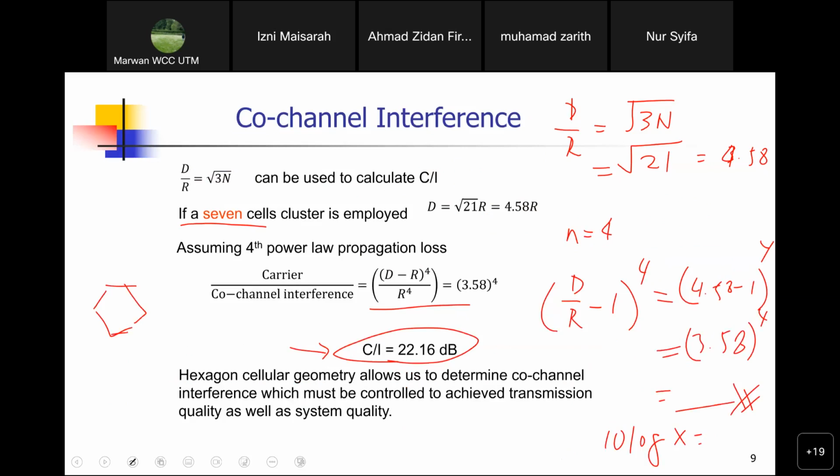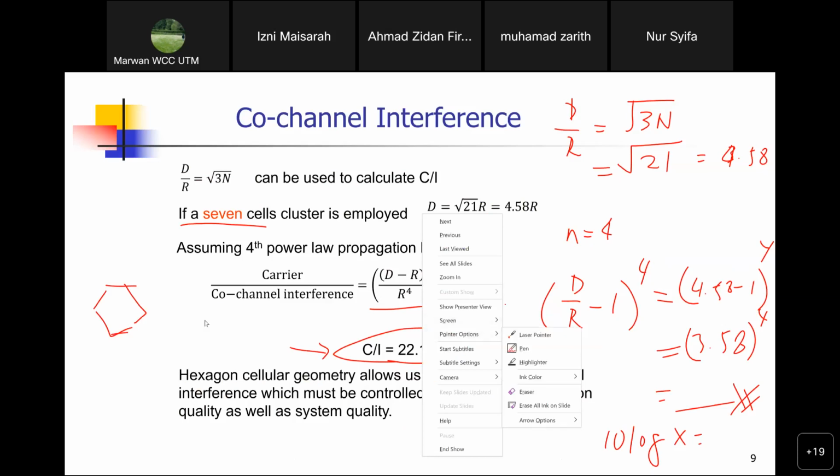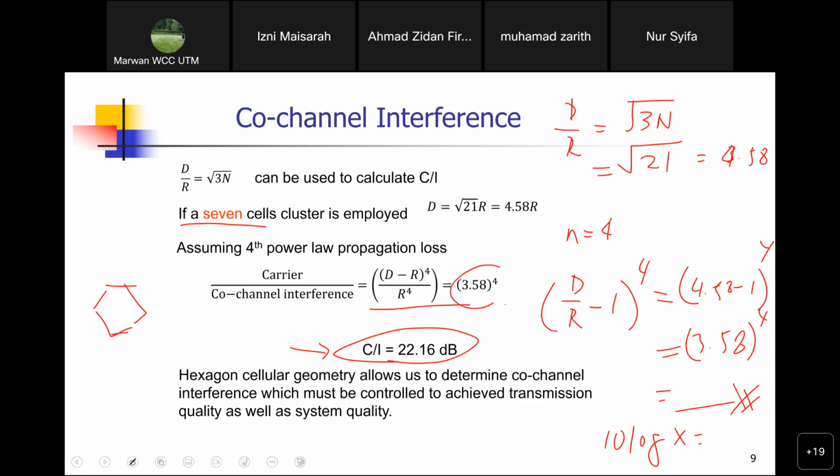Okay, so if you can take your calculator, can you convert 3.58 to the power of 4 into dB? Make sure that you get that 22.16.